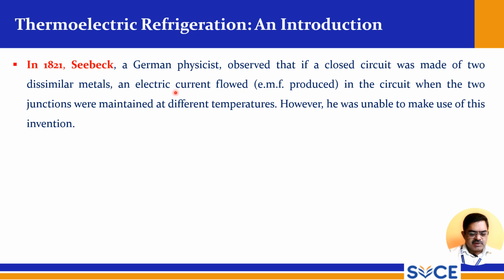So, the introduction. In 1821, Seebeck, a German physicist, observed that if a closed circuit was made of two dissimilar metals, an electric current flowed, an EMF was produced in the circuit, when the two junctions were maintained at different temperatures.